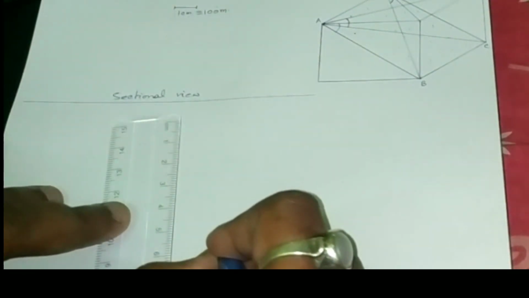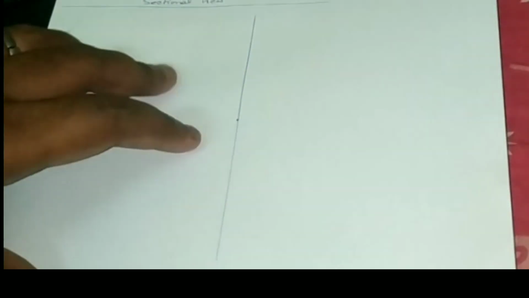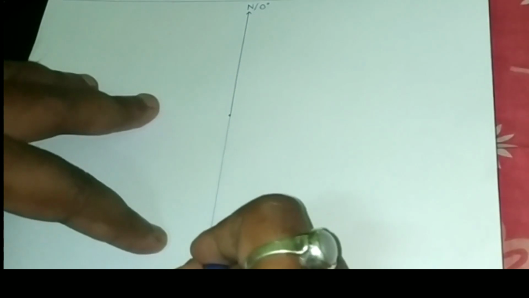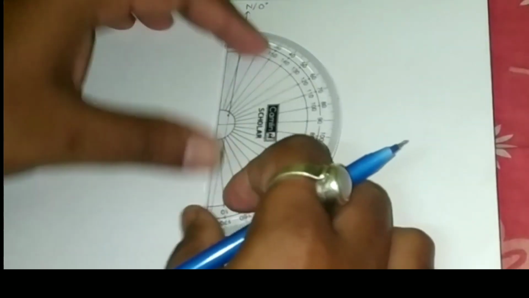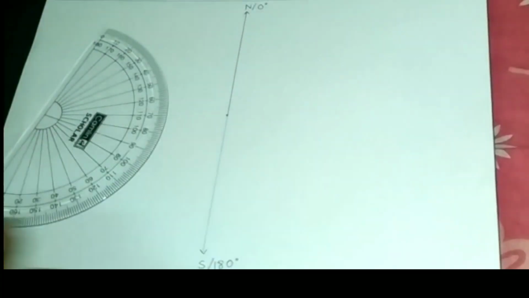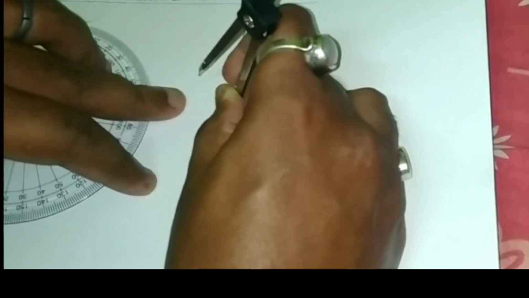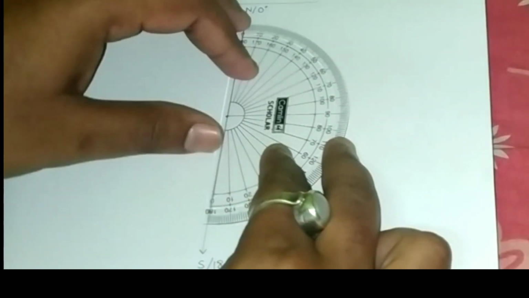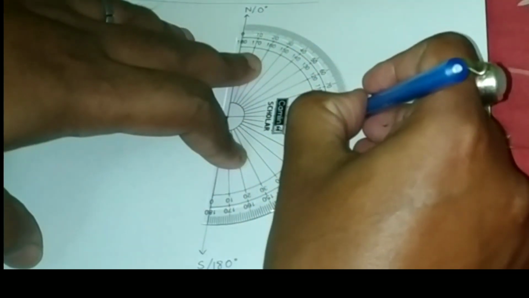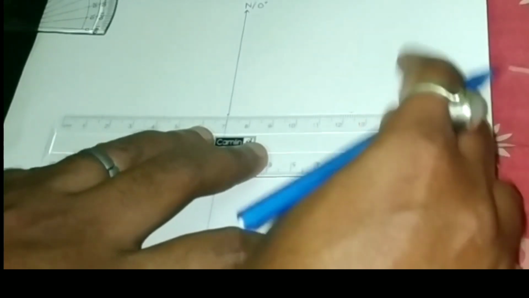So suppose this is the center, let us draw the north south line, north or 0 degree, south or 180 degree, and by protractor first we need to mark the center with proper divider, and now with the help of protractor we will be drawing the east-west line.